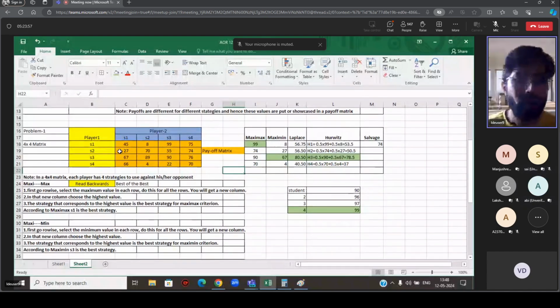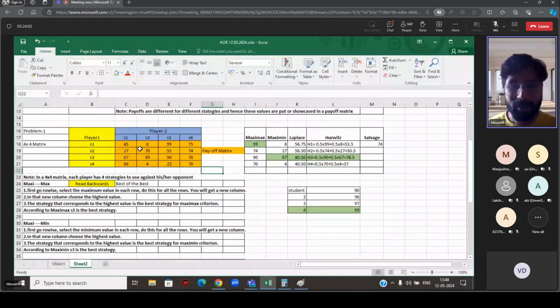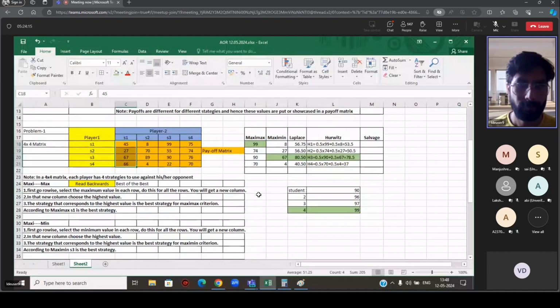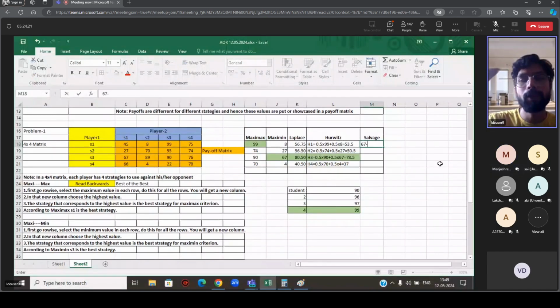Perfect. Good. Okay. Highest value you should tell me. Okay, whatever it is. Now in this column, which is highest? 67. 67 is highest. So what I'm going to do, I'm going to deduct all the other values from 67. So 67 minus 45.